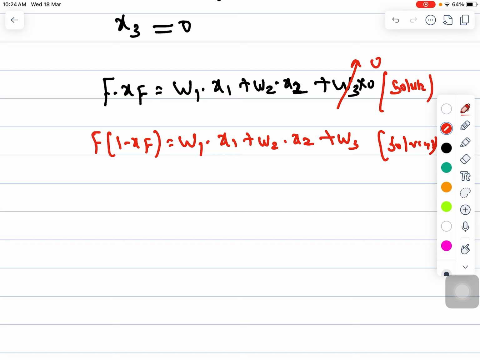Whichever is possible for you, you can calculate using that. So this is how we perform the material balance in the crystallization unit.